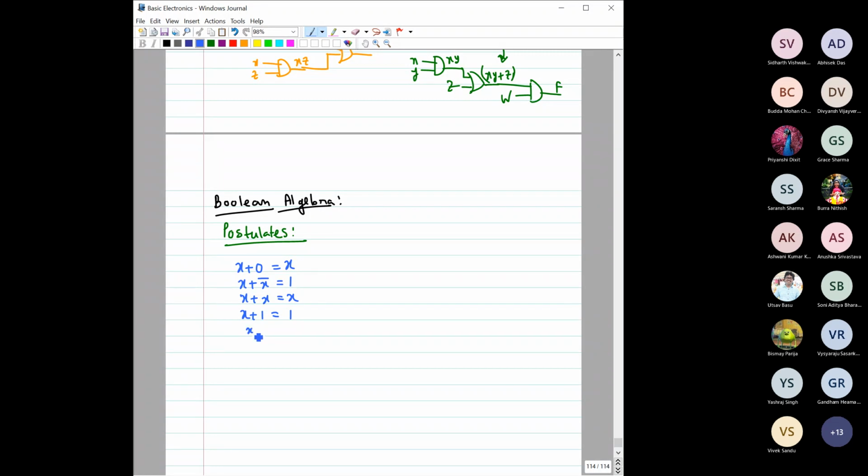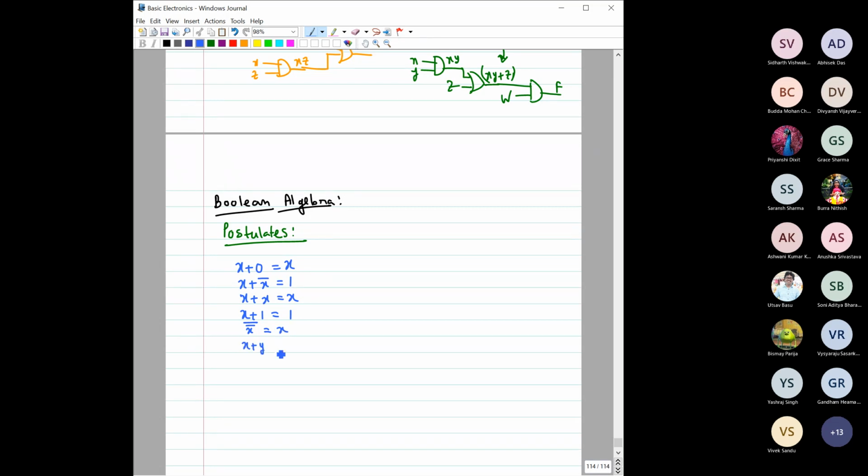Okay. Then x bar, whole bar, right? So when you take x bar, suppose x is 0, then x bar becomes 1, right? Then again you are taking a bar, the 1 bar becomes 0. So it is basically equal to x, right? Anything you take two times bar, it becomes that variable only, right?